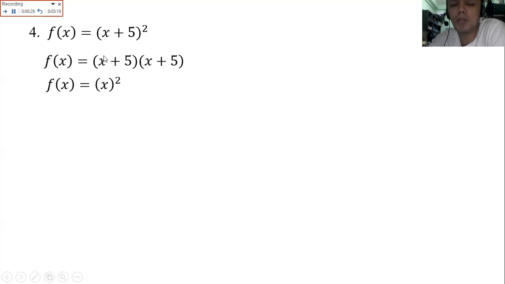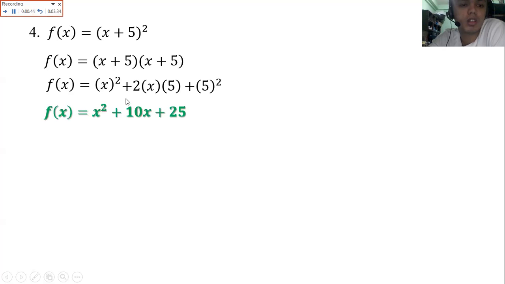Using the square of a binomial method, we square the first term, then 2 times x times 5, multiply them, and then square the 5. Then we have x squared plus 2 times x times 5, that is 10x. 5 squared is 25. So as you can see, the leading term has the exponent of 2.